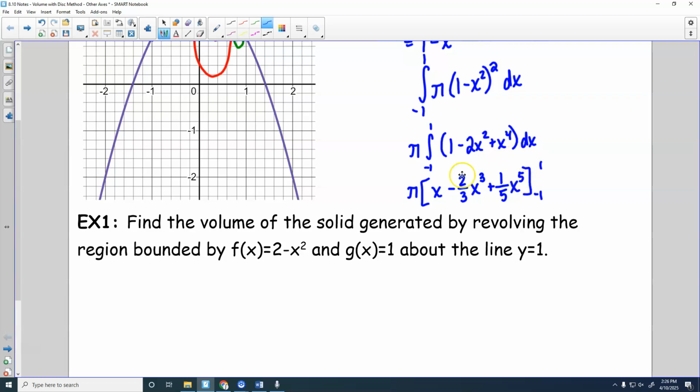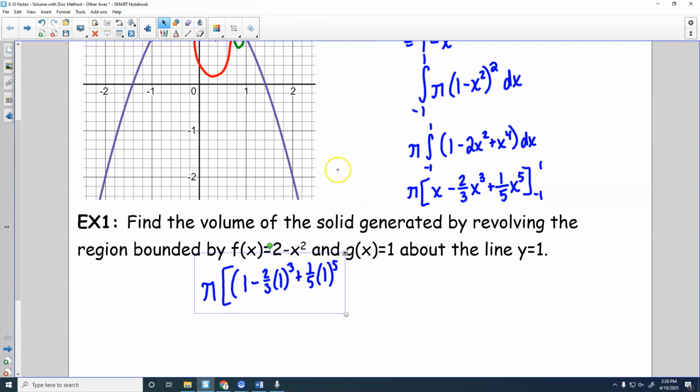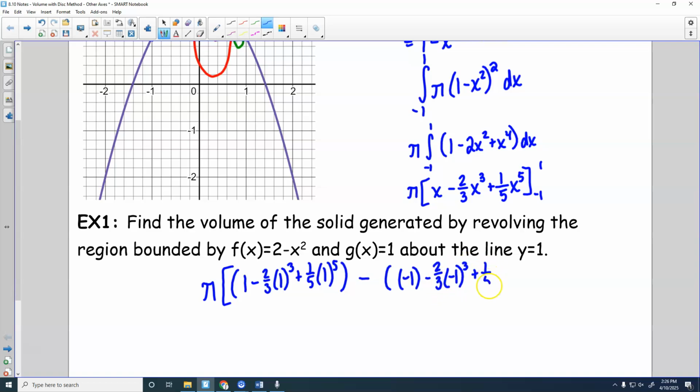Okay, now you're just plugging in to evaluate, so the pi stays way out front. You're going to have 1 minus 2/3 times 1 cubed plus 1/5 times 1 to the 5th, minus -1 minus 2/3 times -1 to the 3rd plus 1/5 times -1.